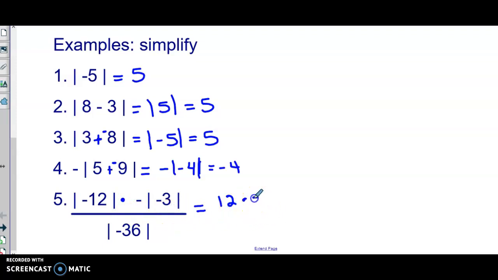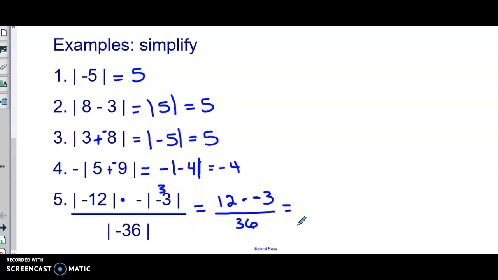So we're going to keep that. But then the absolute value of negative 3 is positive 3. But since we have this negative symbol outside of the absolute value sign, we have to keep it with the 3, so it's negative 3. Okay, and then we're going to divide it by the absolute value of negative 36, which is positive 36. So then we just simplify.